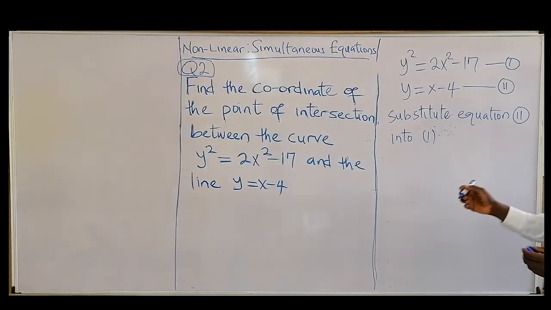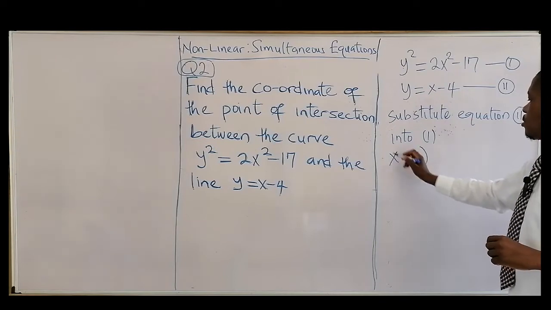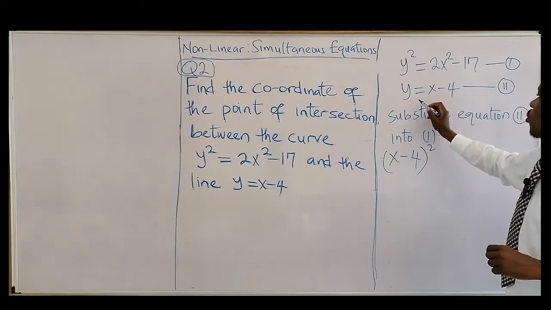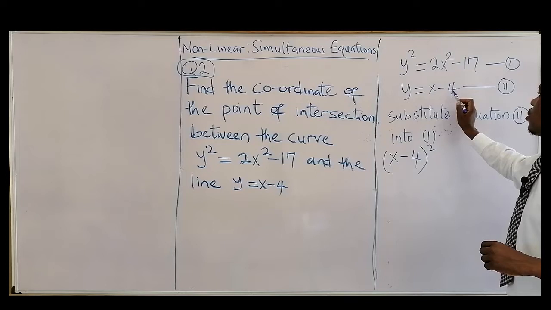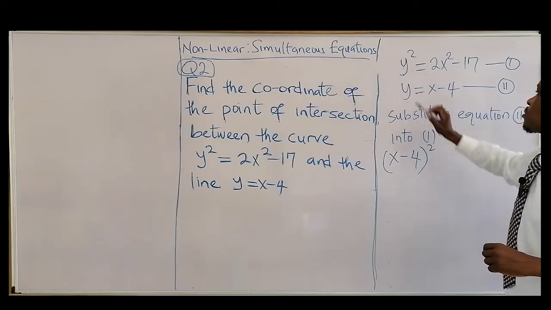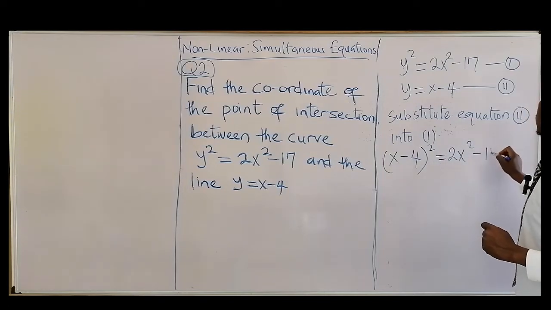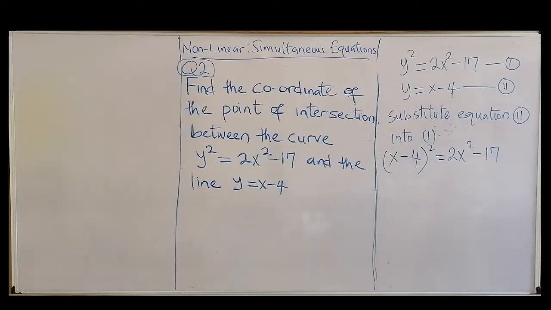And that will give us x minus 4 squared. Anywhere you see y, you just plug in x minus 4 there, then equal to 2x squared minus 17. So let's do the expansion.